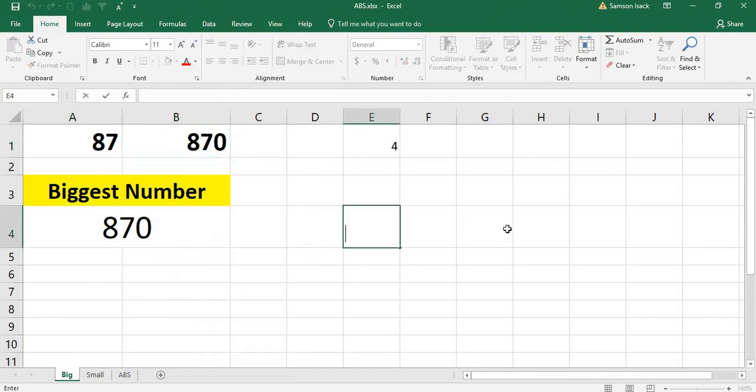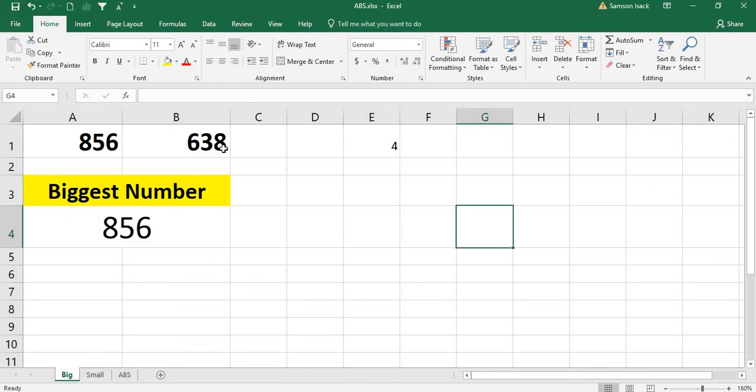Just see: 856 and 638, 856. 511 and 378, 511, biggest number. 959 and 54, 959. 977 and 580, 977. And 718: now the first number is lesser, the bigger number is this one, 856.